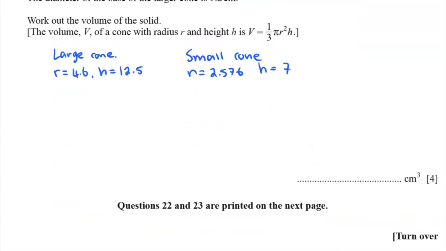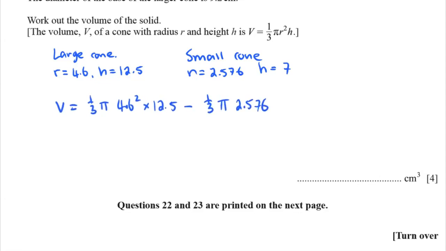Oh, there's not a whole lot of space. Well, it's no problem. What we said was the volume of what we're trying to find is the large one, which is a third pi 4.6 squared times the height, which is 12.5, minus a third pi 2.576 squared multiplied by 7.